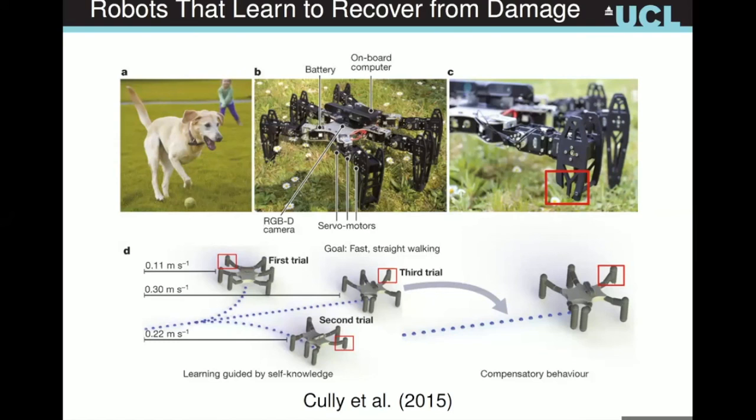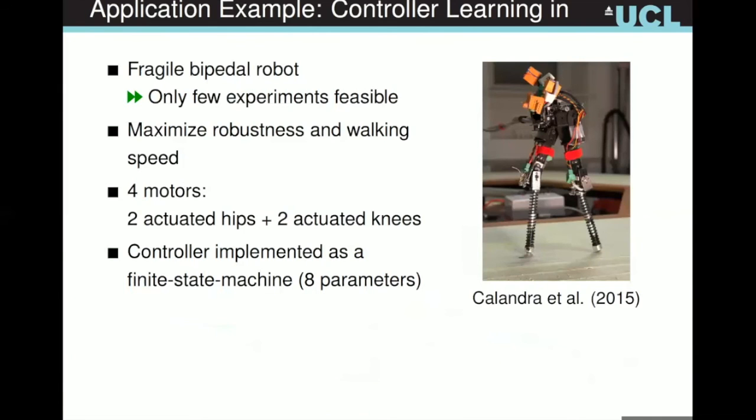A slightly different example was an example that I was involved in a few years ago. So this is a walking robot, a bipedal robot. So it has 2 legs, and it has 4 motors. So 2 motors are in the hips. So there's no torso. It's just the lower part of a humanoid robot.